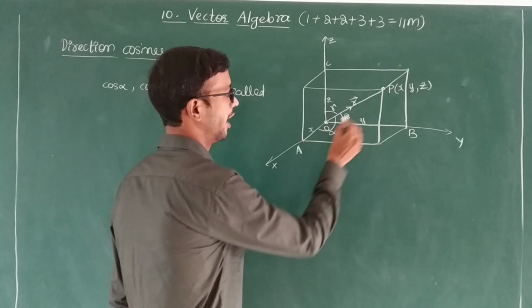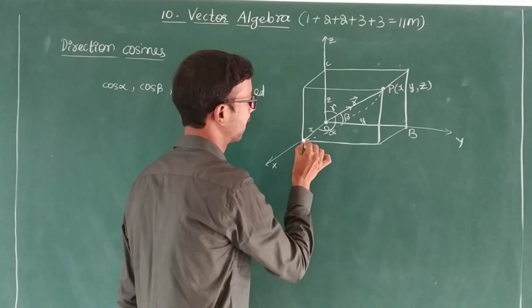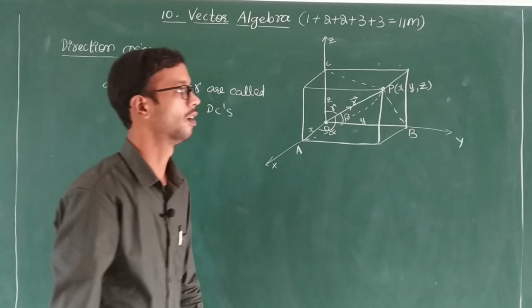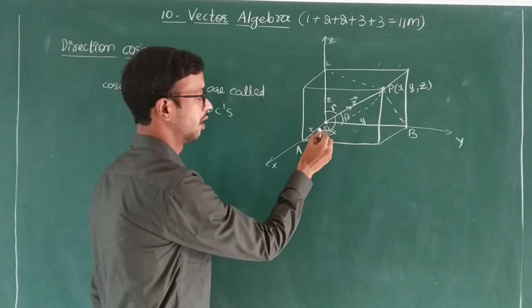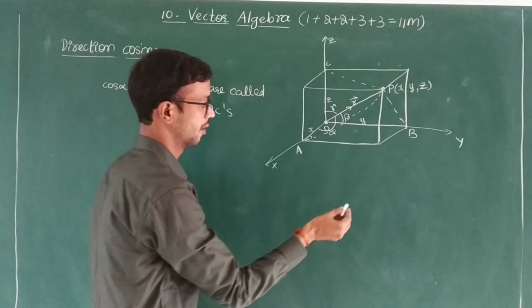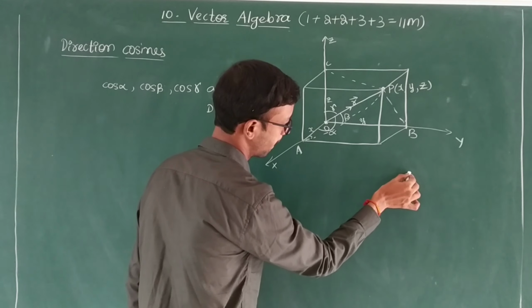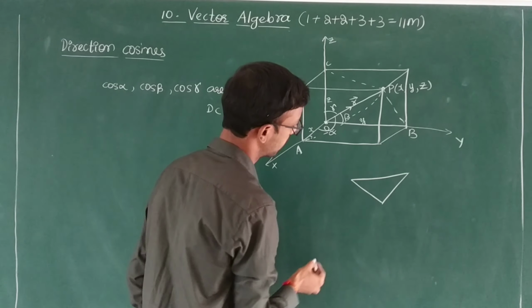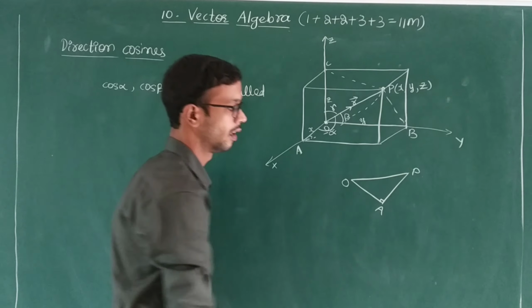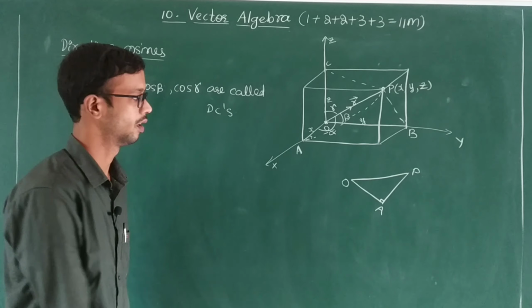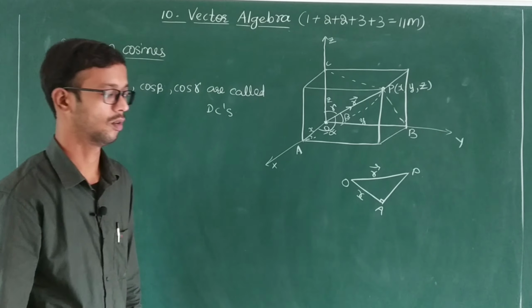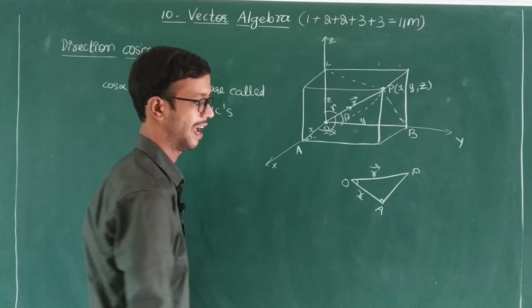Join P to A, P to B, and P to C. We observe the 90 degree angle here in the diagram. Consider triangle OAP. OA is x, OP is R bar, and the angle here is alpha.